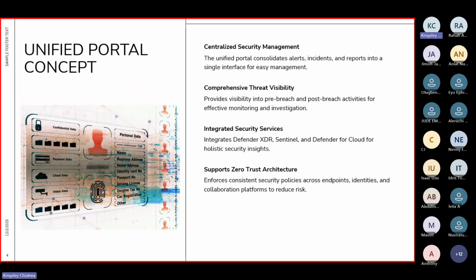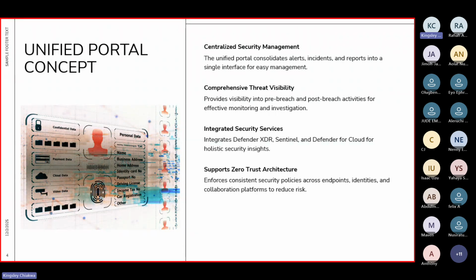So comprehensive threat visibility provides visibility into pre-breach and post-breach activities for effective monitoring and investigation. Security professionals use it to gather information on things that can cause a breach.